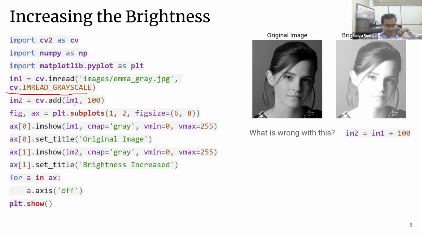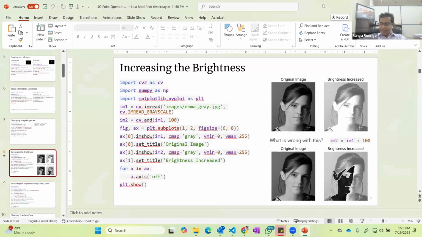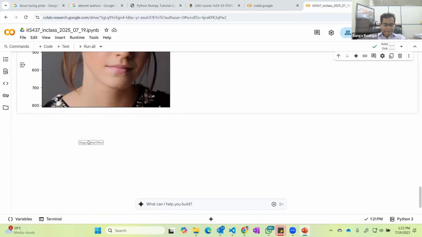Then what I do is cv.add 100. I want to add 100 to that. Then I want to get rid of the axes. That's why this code is there. All other things are the codes that we already know. Okay, so let's do that.